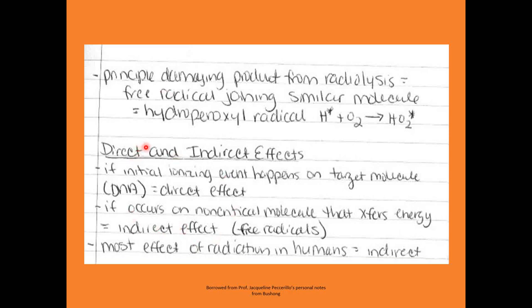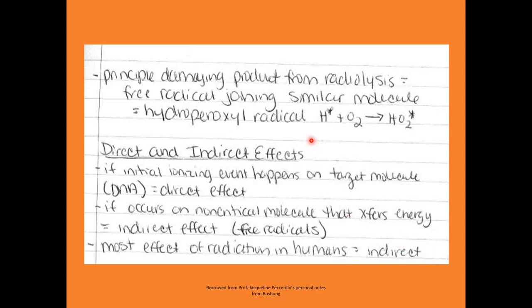If the ionizing event occurs on a non-critical molecule like water, the energy transfers and it creates an indirect effect, and that indirect effect results in some free radicals. Most of the effects of radiation in humans are indirect reactions.